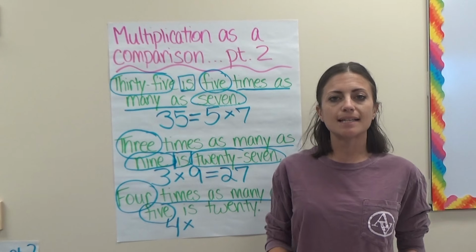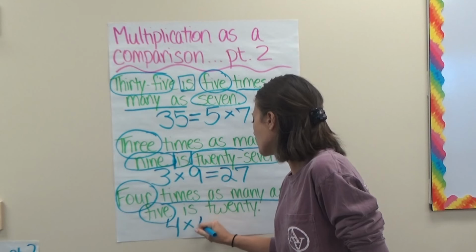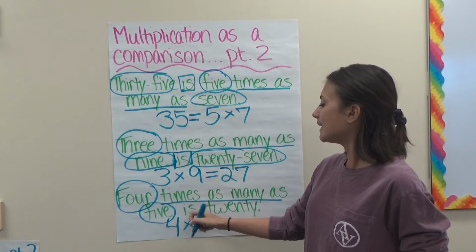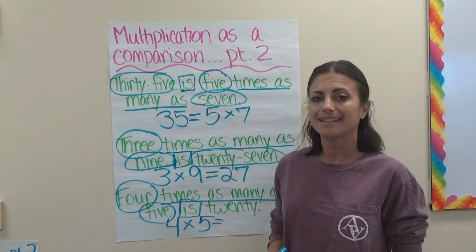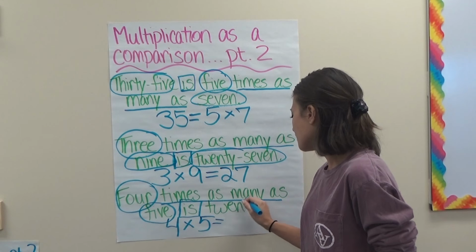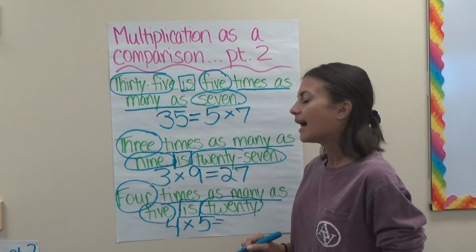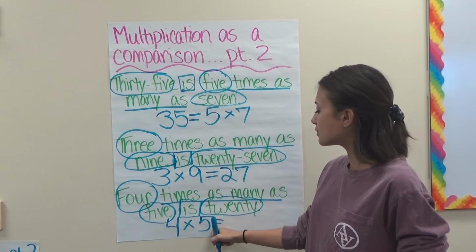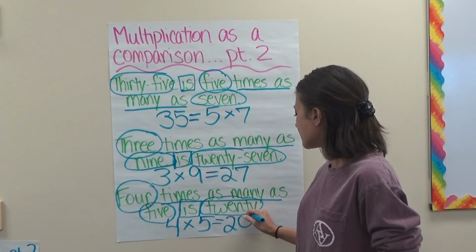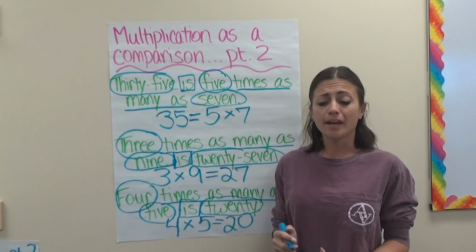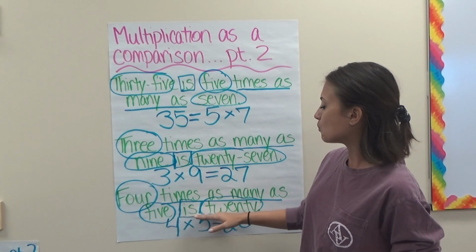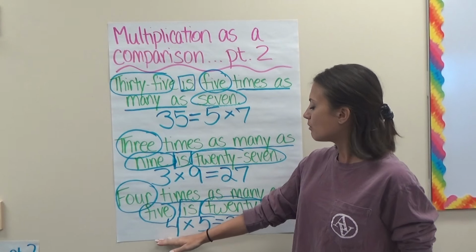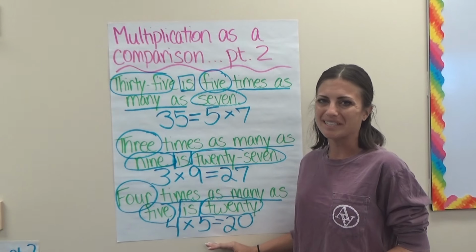Now 5 is my set size, that's my set number. 4 times 5 is, that's my key word to tell me that's my equal sign, 20. So since that's my biggest number, I know that's my product, so it needs to go on the other side of the equal sign, is 20. And there I've converted 4 times as many as 5 is 20 into my equation, 4 times 5 equals 20.